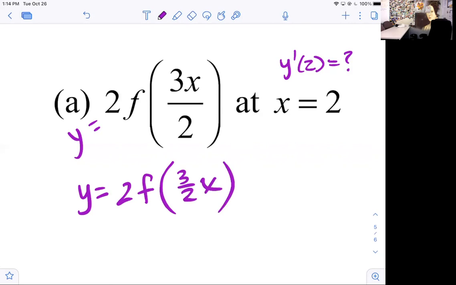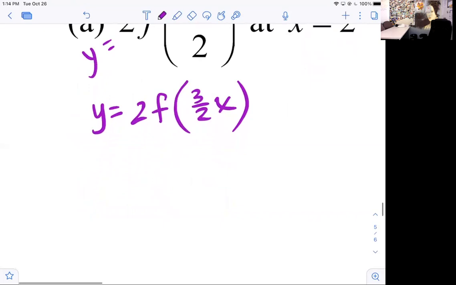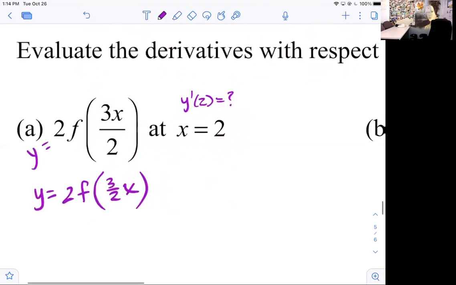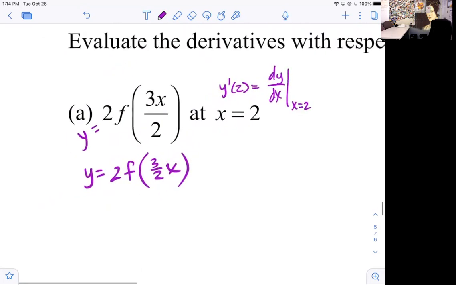Let's go ahead and find dy dx. I'm going to use Leibniz notation. So instead of y prime of 2, I'm going to find dy dx evaluated at x equals 2. We need more practice with Leibniz notation. They mean the same thing, though.